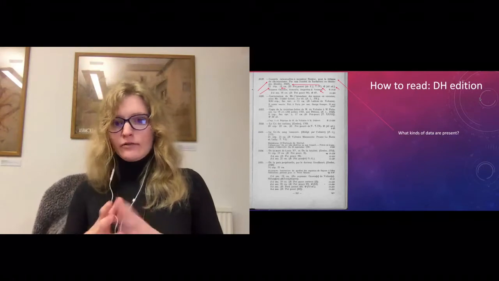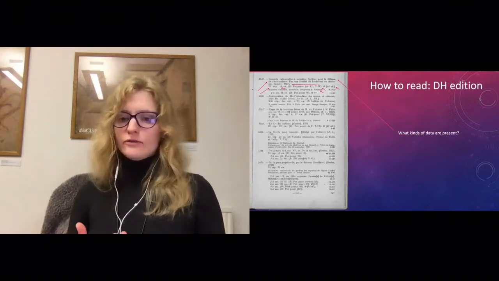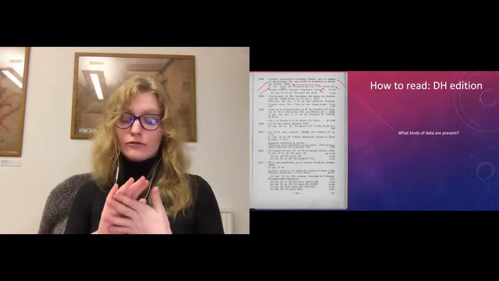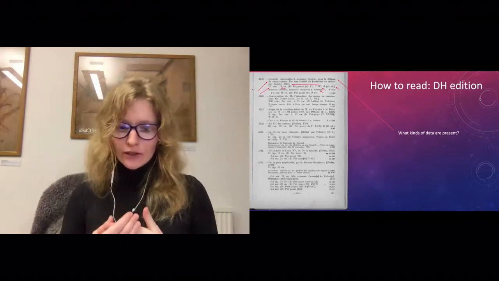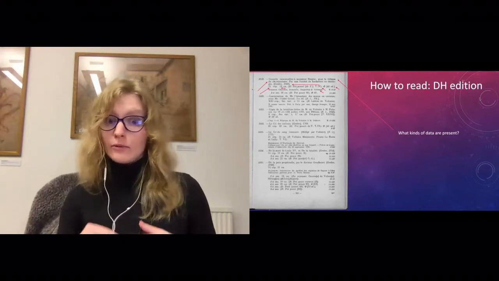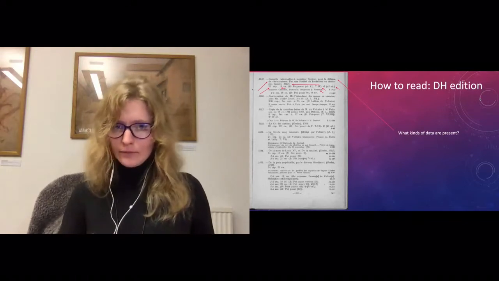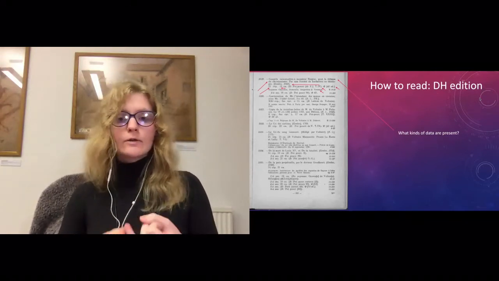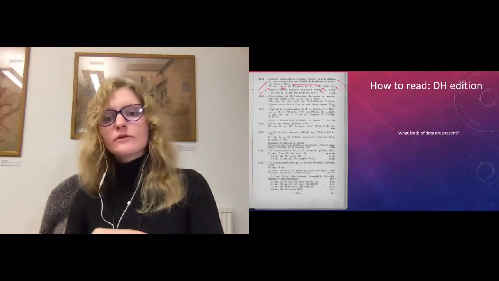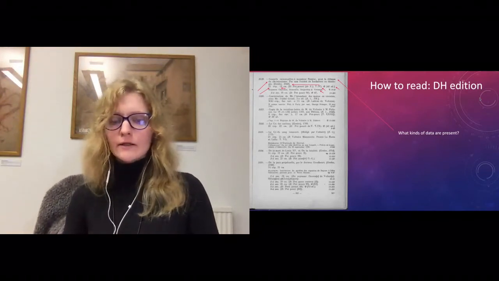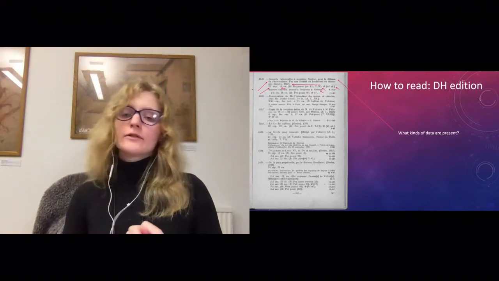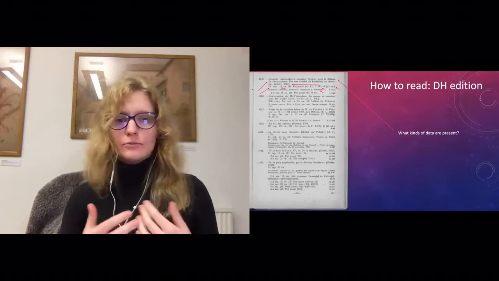So what I'd like for you to do, if you've got your book in front of you, is to open it to the frontispiece and to ask yourself, what data can you identify from the title page of your book? Looking for things like title, any people who are involved, so we would call that prosopographical data, referring to people like authors, editors, commenters, publishers, booksellers.